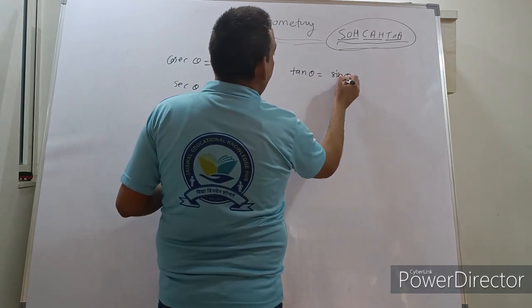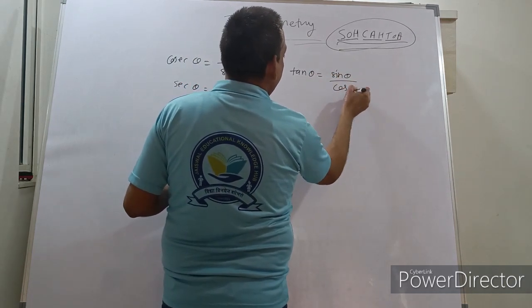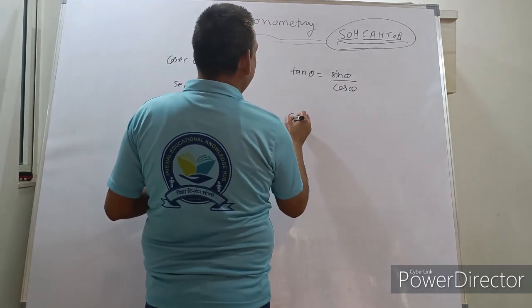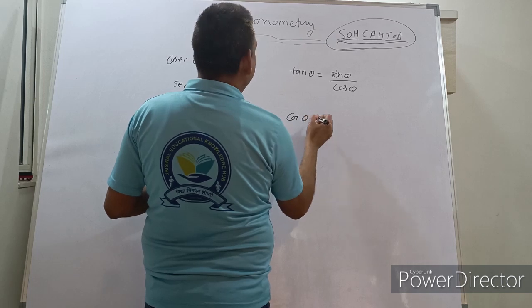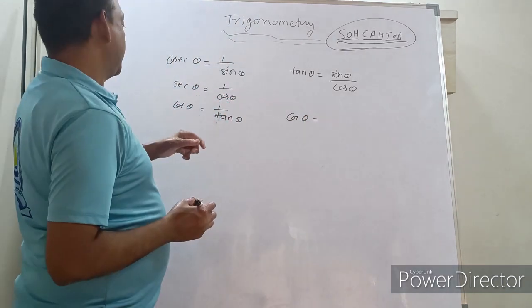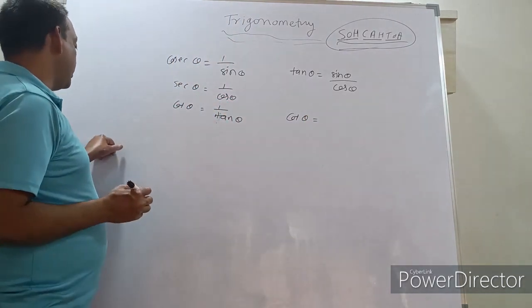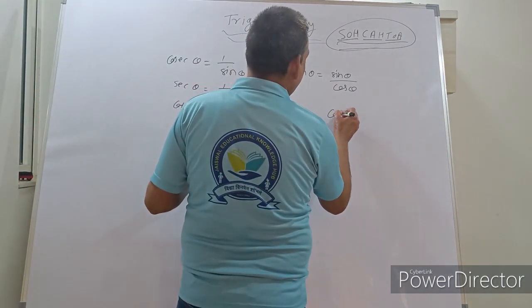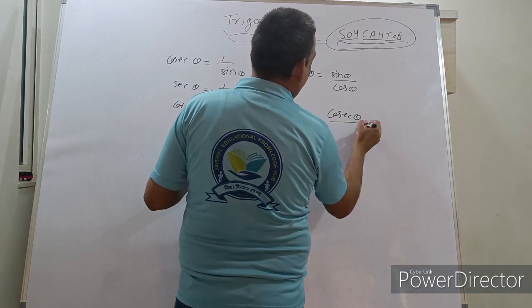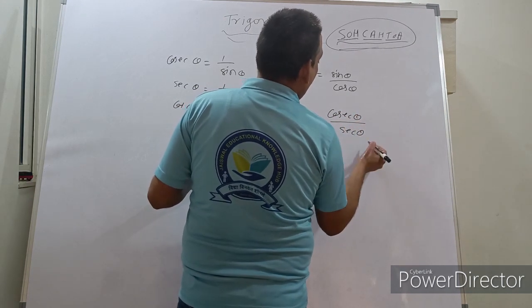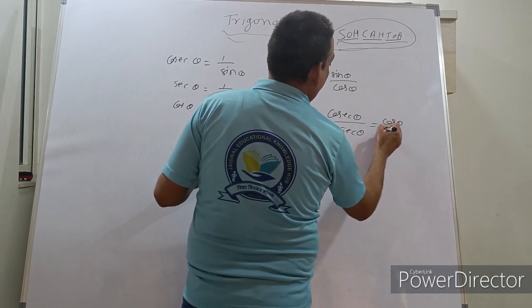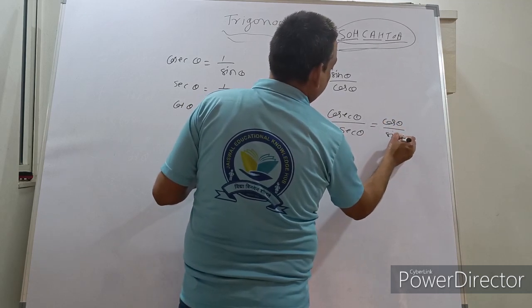Okay, the next one is tan theta is equal to sine theta upon cos theta, and based on this, one more formula: cot theta is equal to cosec theta upon sec theta, or you can say this is the same as cos theta upon sine theta.